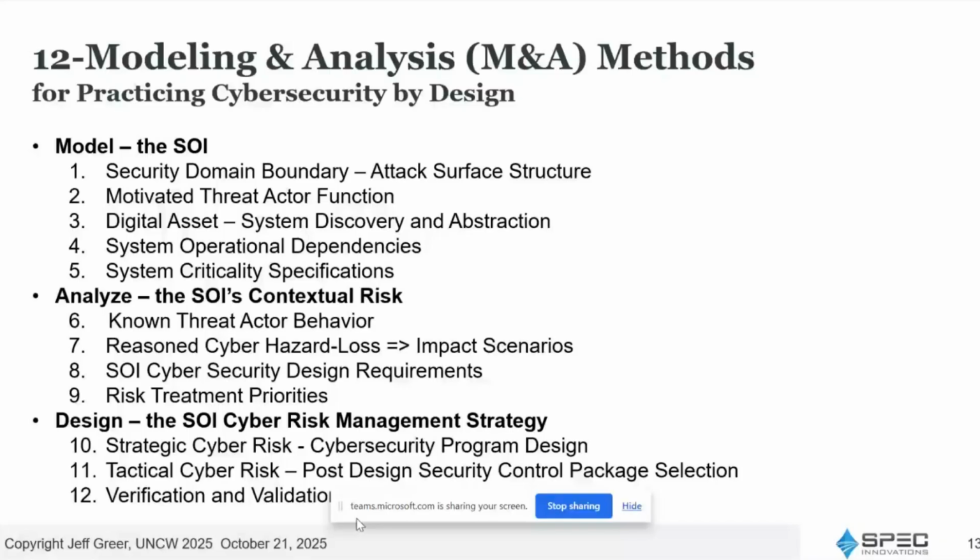So the first one is, you need to model out the system of interest. You can't defend something if you can't visualize it and describe it. And the model, as we all know from working with them, is an abstraction of reality. So we'll talk a little bit about model quality in a minute.